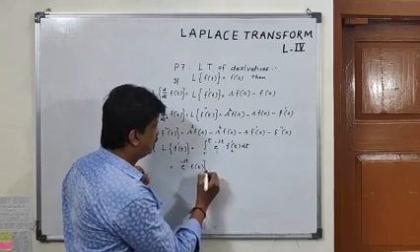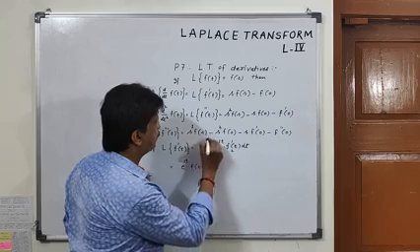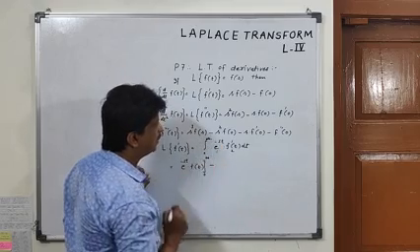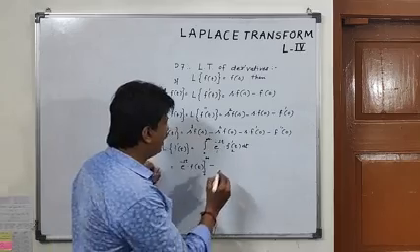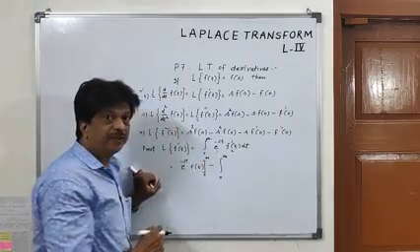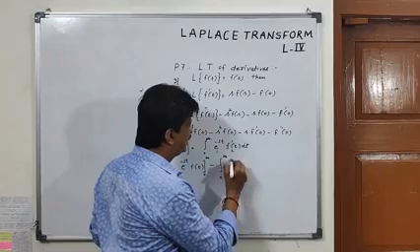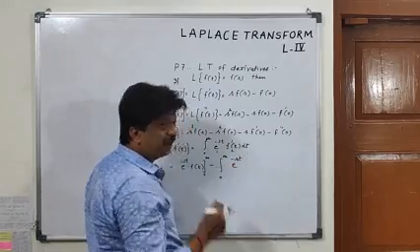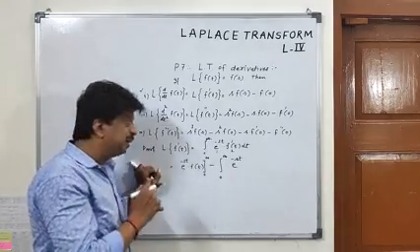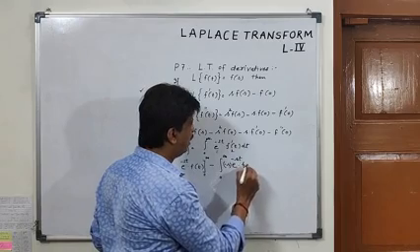The limits are from 0 to infinity, minus integral of derivative of first. Derivative of e raised to power minus st with respect to t is e raised to power minus st into minus s, into integral of second.